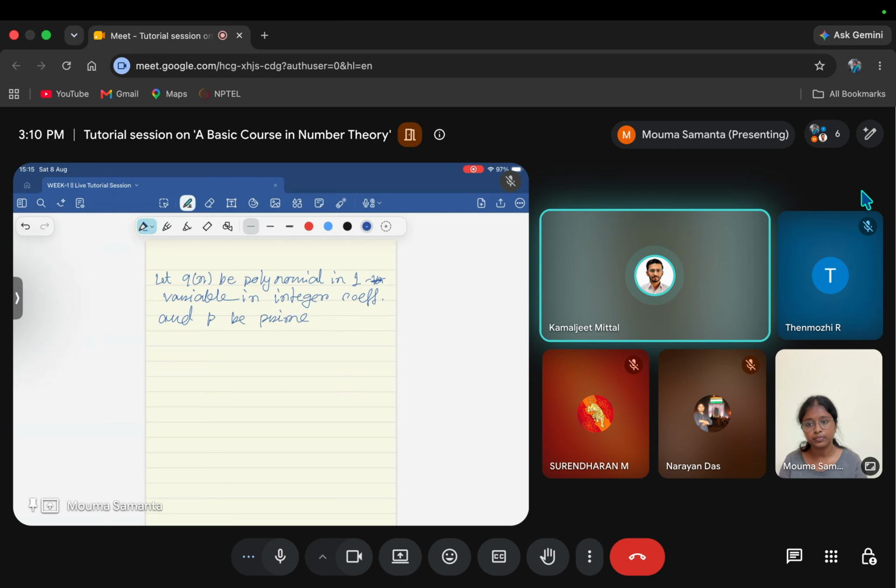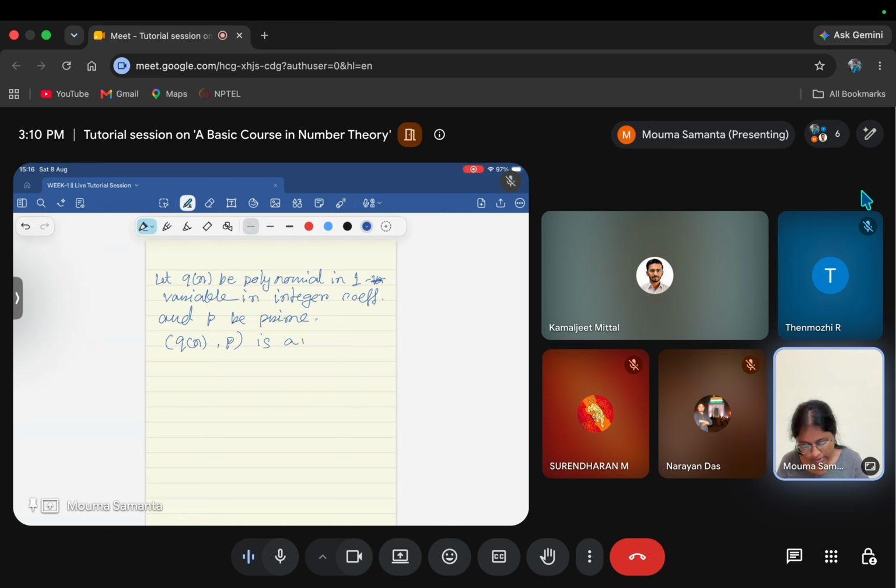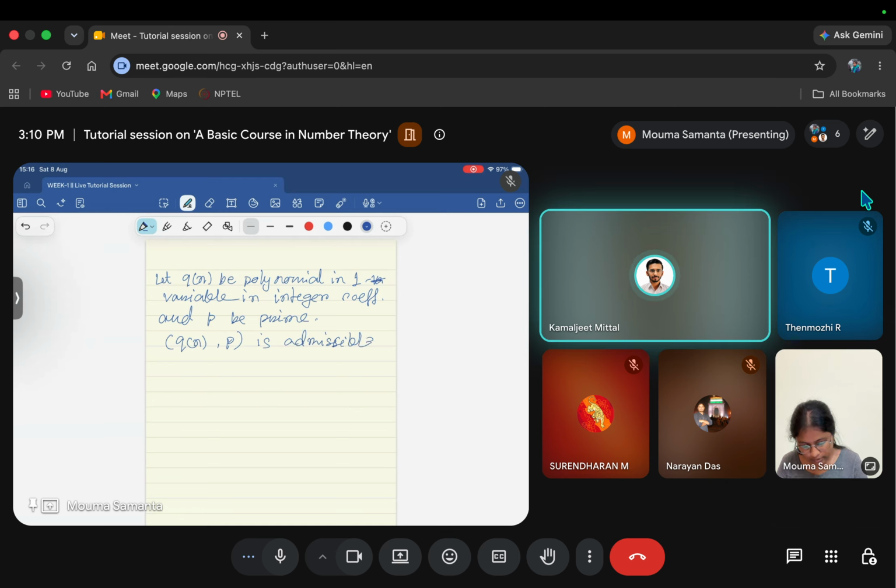Then we say the tuple (Q(n), p) is admissible if p is the smallest prime of the form Q(n) for some integer n.